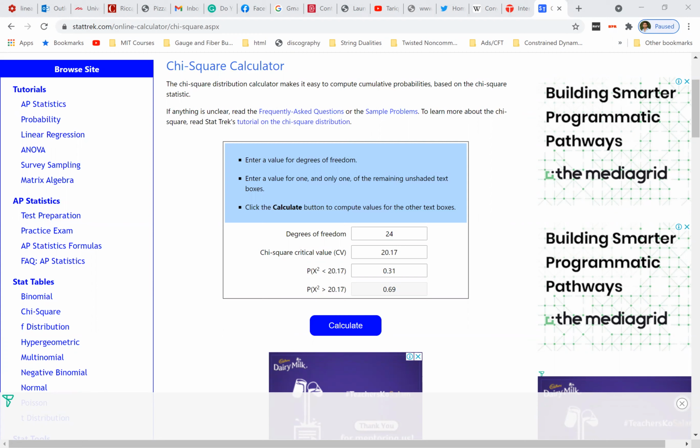This implies that I cannot reject at alpha equal to 0.05, or alpha equal to 0.1, or even alpha equal to 0.2. I can only reject it at 0.31, which is almost worthless.